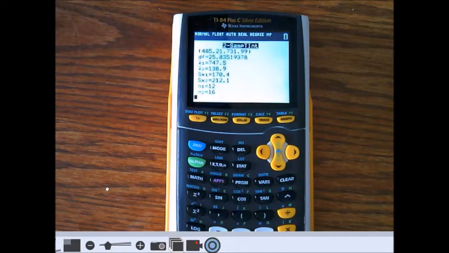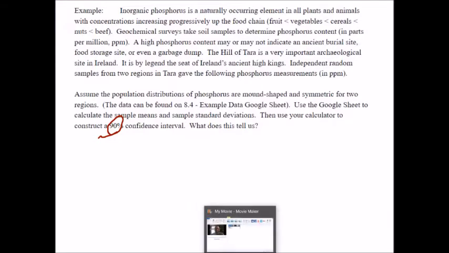So 485.21 to 731, let's say 732. So let's say 485 to 731.